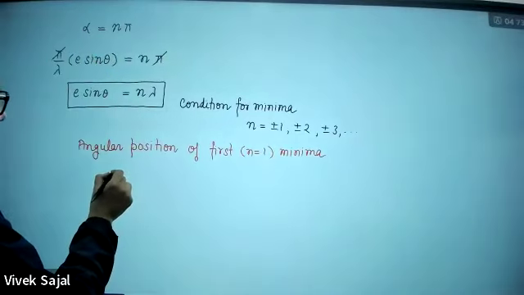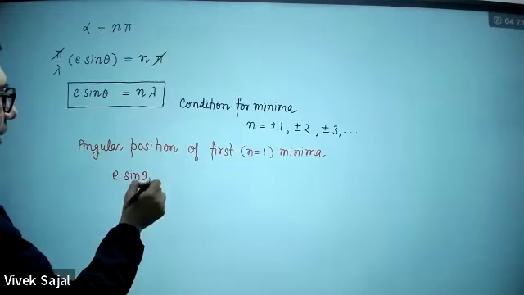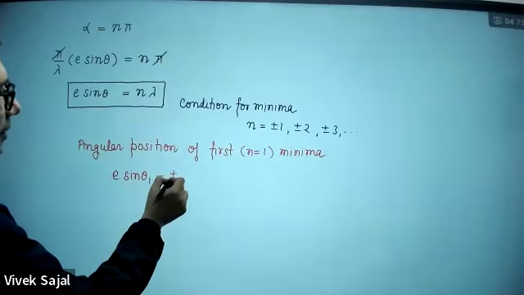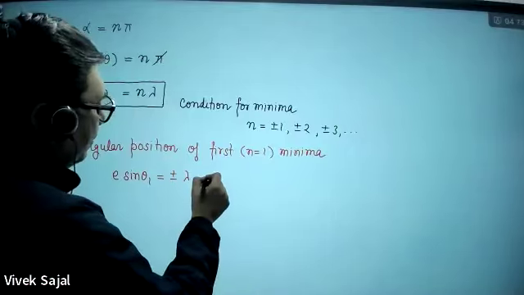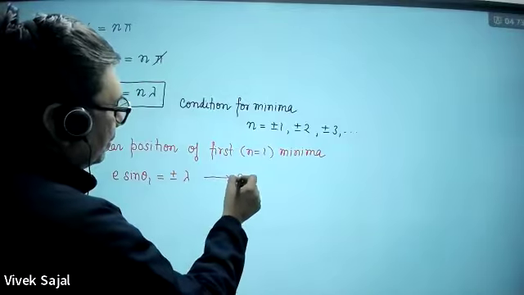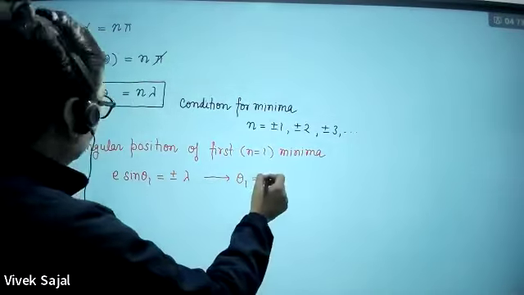This will be E sine theta 1. This angle is theta 1. And this will be plus minus 1 lambda. So what will this theta 1, the angular position, be? Theta 1 will be equal to कितना होगा बेटा ये?